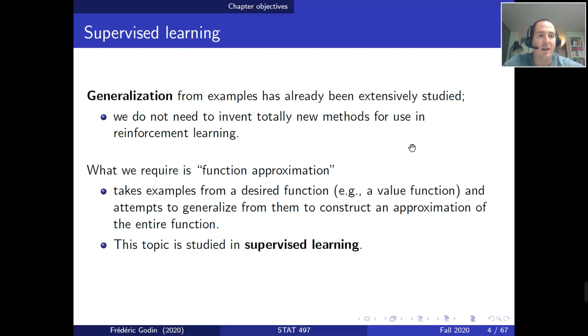Okay, so in linear regression, you have noisy estimates of the value of a linear function at various values of x, and then you fit a curve or a straight line across these points to approximate the value of the linear function at all other unknown points. Okay, so this is the same thing we're going to do here, except we won't consider necessarily linear functions, but we might consider nonlinear parametric approximations.